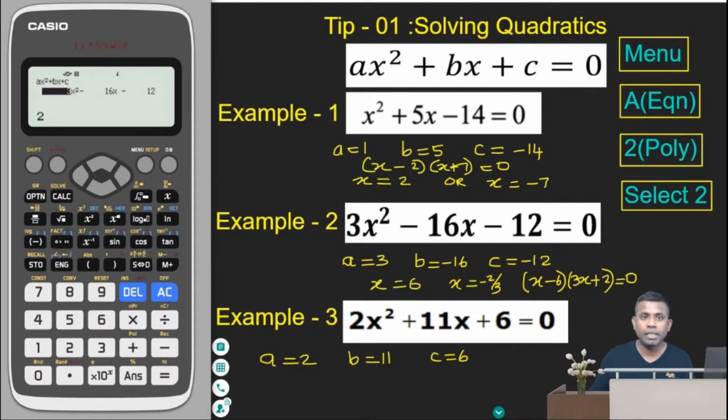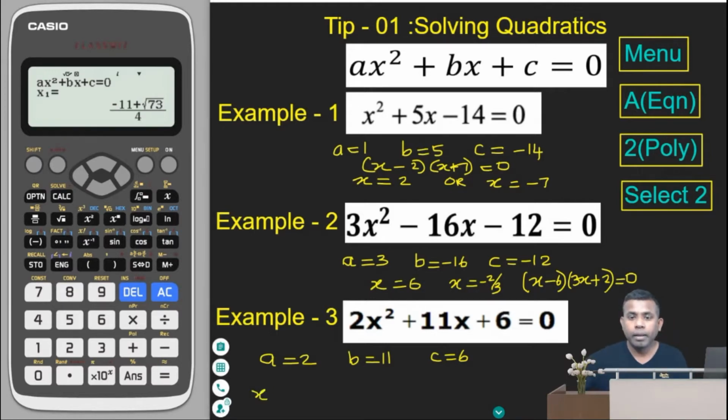A equals 2, B equals 11 and C equals 6, press the button and you get the answer x equals minus 11 plus root 73 over 4. Press the equal sign again, and the second answer is x equals minus 11 minus root 73 over 4.